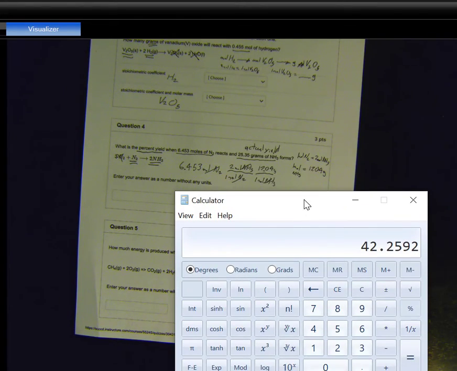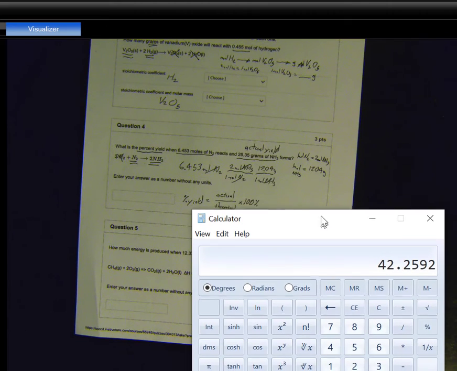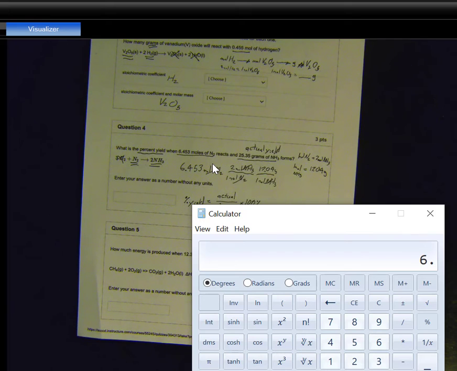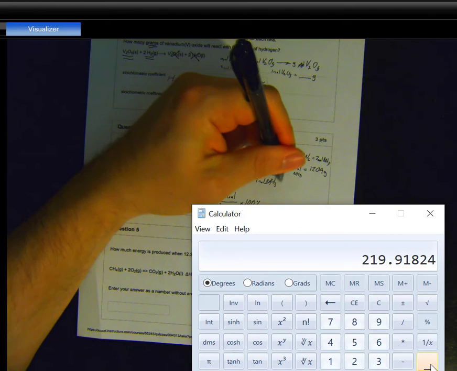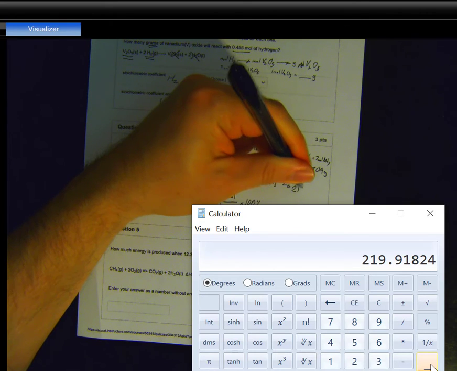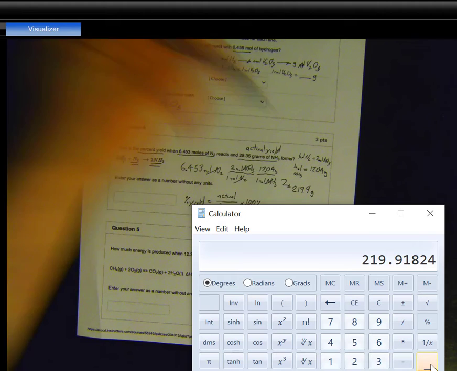I'm going to be typing in the numbers we're showing here: 6.453 times 2 times 17.04. So we multiplied across the top, and then we'll divide across the bottom, which is just a 1. When we do that, we get 219.9 grams.